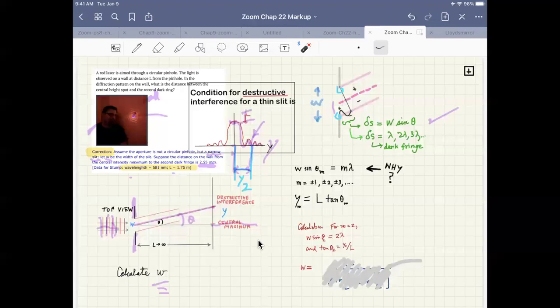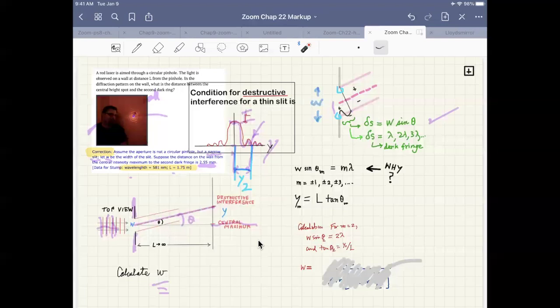So that'll give you destructive interference, a dark fringe. So the condition is that delta S, which is W sine theta, is m lambda, where m is an integer. M could be +1, -1, +2, -2, +3, -3, any integer.